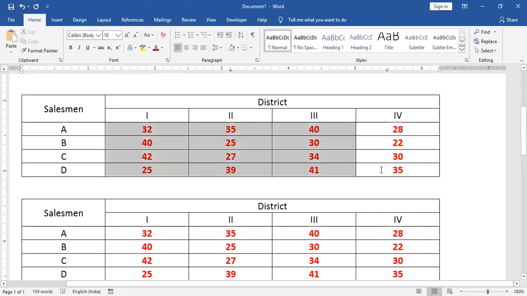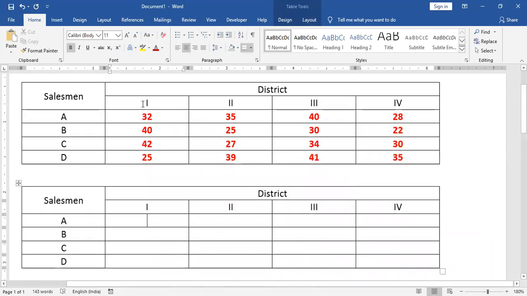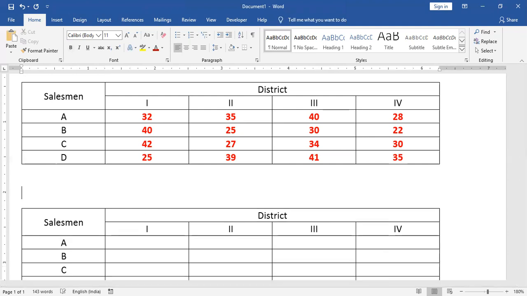First of all, we will find the maximum value of the table. Basically, we are going to convert the maximization problem into minimization.